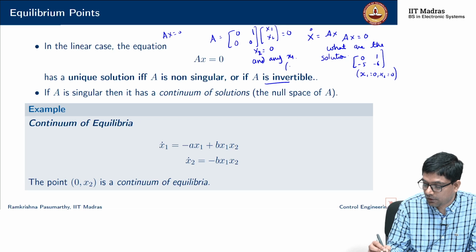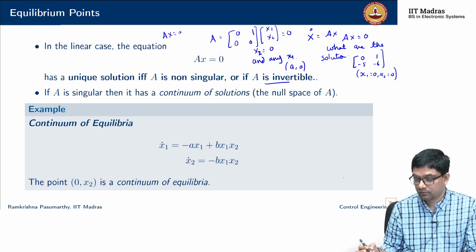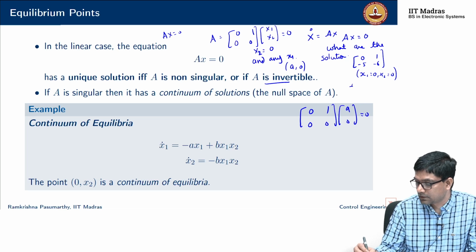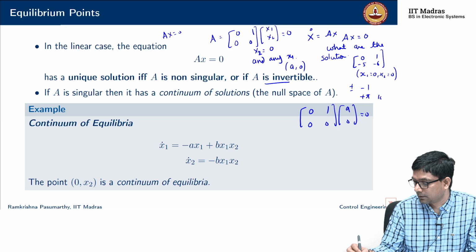Any point of the form a comma 0 is an equilibrium point. How do you check that? 0, 1, 0, 0 times a, 0 will be 0.